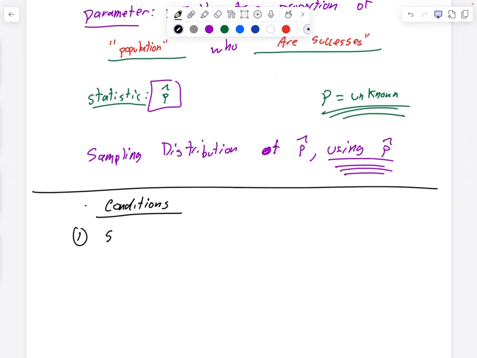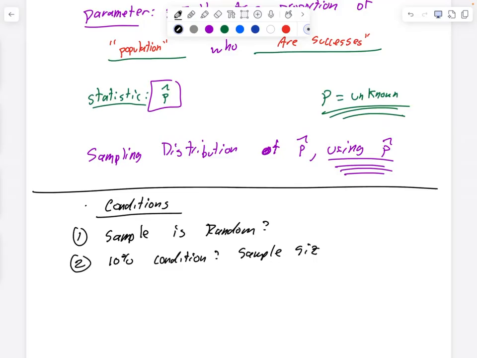No, but we do our best to see if it's a random sample. Number 2, the 10% condition: our sample size N must be less than 10% of the entire population.